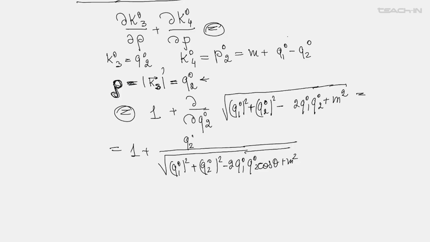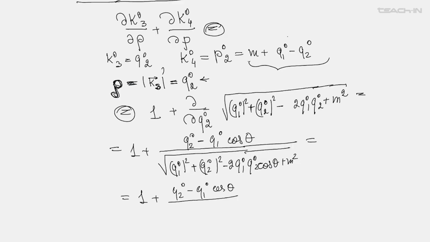And then I replace the square root back by this expression, M plus Q10 minus Q20, to simplify it. So I will get 1 plus (Q20 minus Q10 cosine theta) over (M plus Q10 minus Q20).